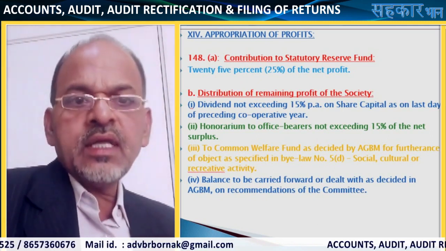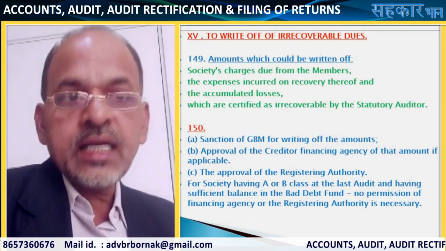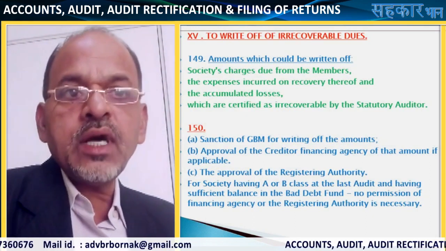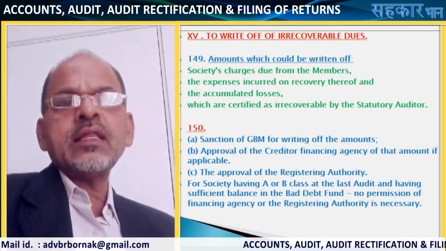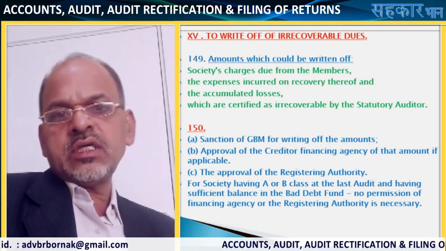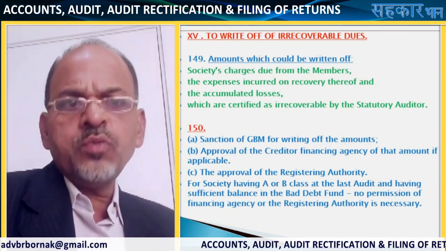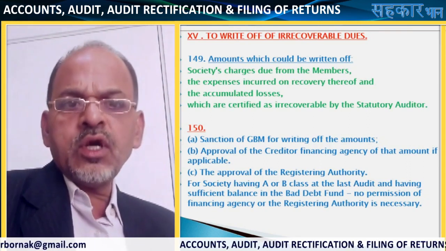Okay, now let us see the next provisions, that is bylaw number 149 and bylaw number 150. See, bylaw number 149 and 150 are about writing off irrecoverable dues.